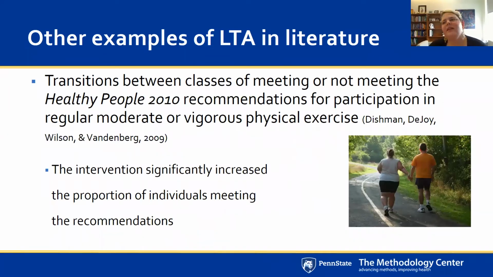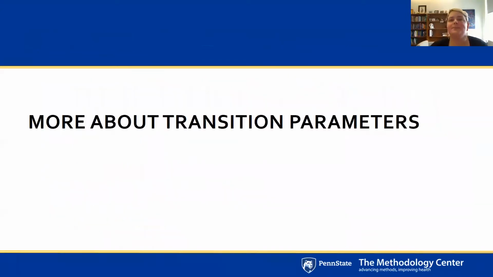Again, if you're more interested in physical activity, exercise, or obesity, LTA has been applied to transitions in classes of meeting or not meeting Healthy People 2010 recommendations, and also the effects of an intervention to increase people's physical activity and high quality eating behaviors. So the intervention significantly increased membership over time in the healthier classes, and so promoted individuals transitioning to better classes over time.